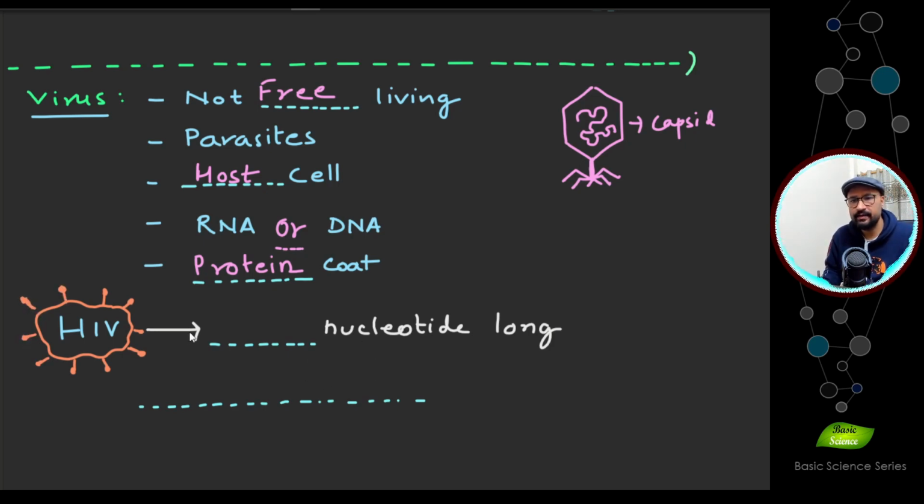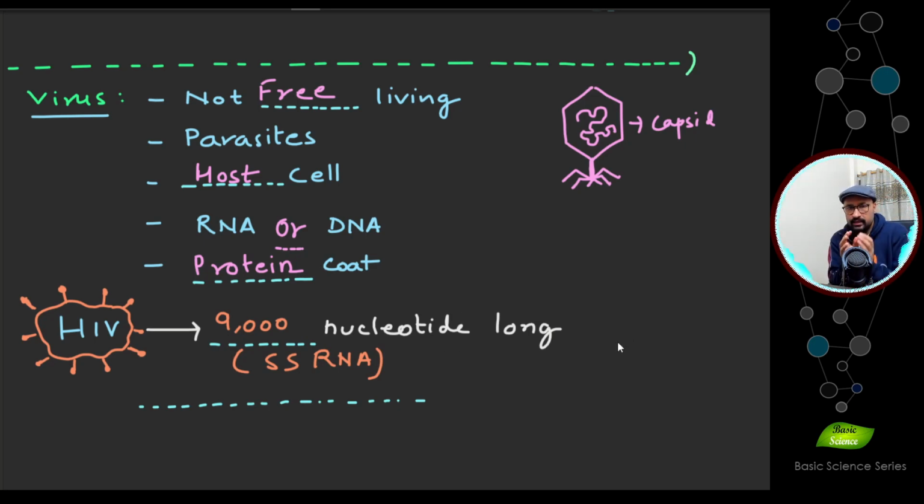Okay, HIV. I hope you like this illustration. So what HIV has is basically how long? 900 nucleotide long, and I'll pick another color. I don't think so. It's a single stranded RNA. That is the genetic material of this particular virus.